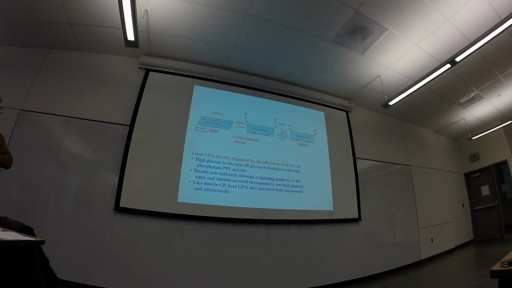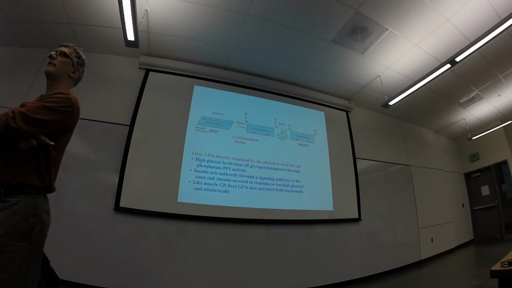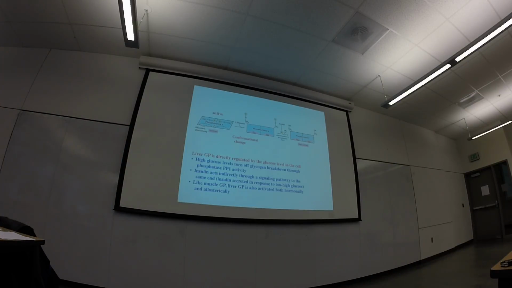Okay? I have a question. So if we already have high blood glucose, then you have insulin. Why do you need both to bind? I guess it's just another level of control. It's very finely controlled. Sometimes you might think of it as, well, we really need to turn it off a lot, and each mechanism only works to a certain level of efficiency, so we want to pile them up.